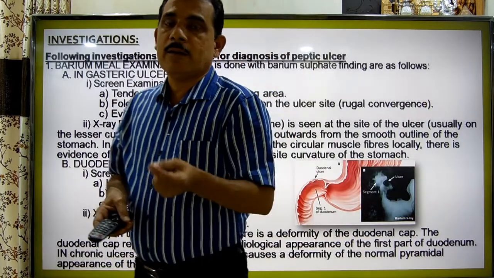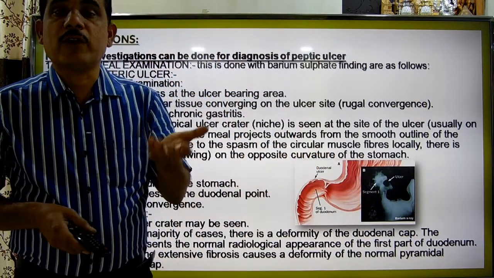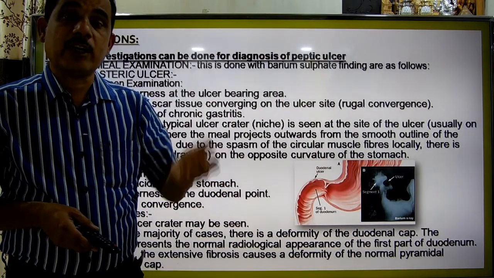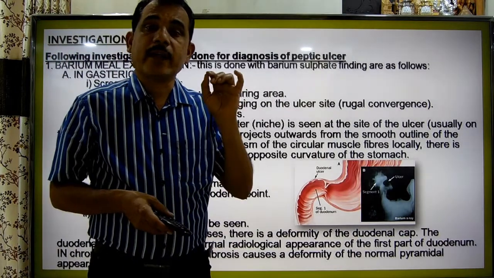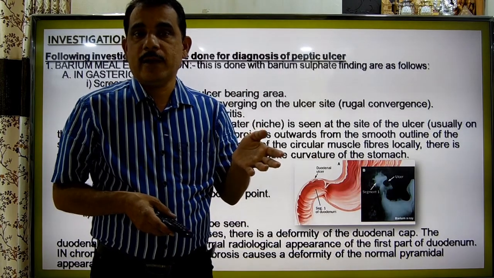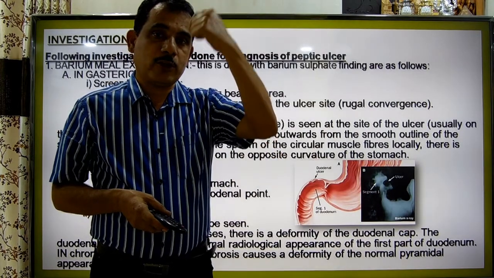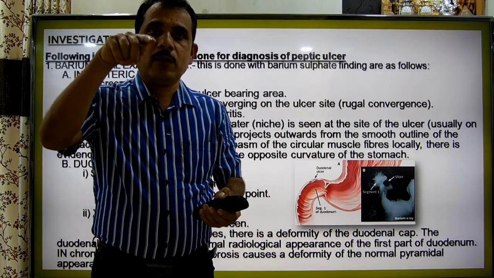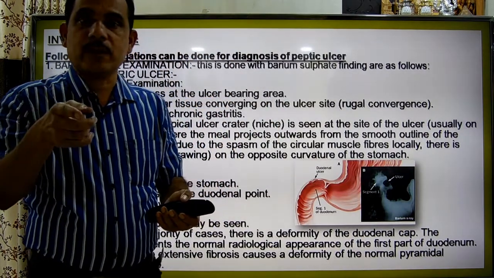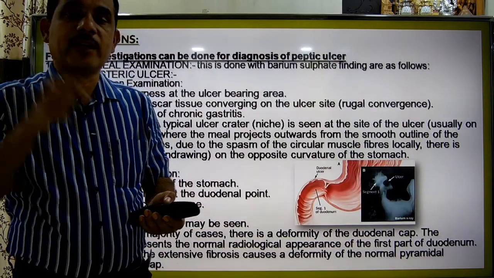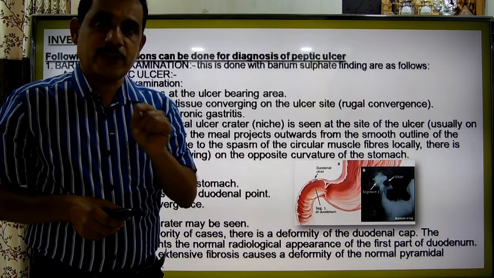Then blood examination for anemia, gastric analysis can be done, and another important examination is gastroscopy. Gastroscopy, you can say endoscopy also. By instrument, the endoscope is passed, the inner side of the esophagus as well as the stomach and duodenum are visualized, and with that visualization we will see if there is an ulceration.